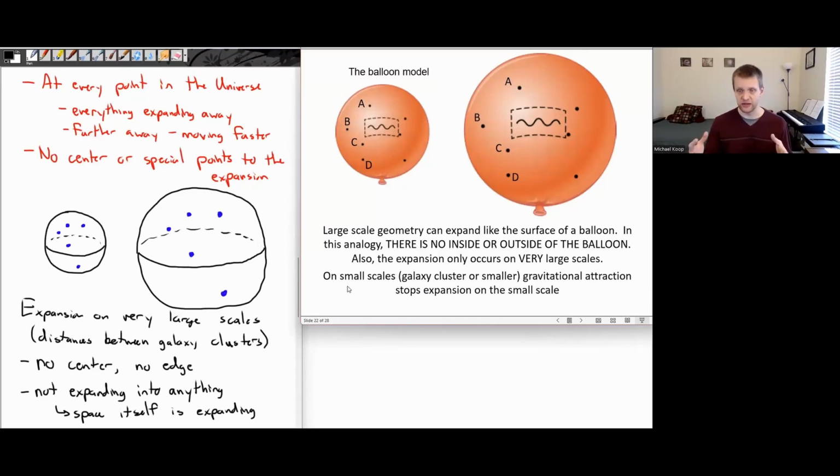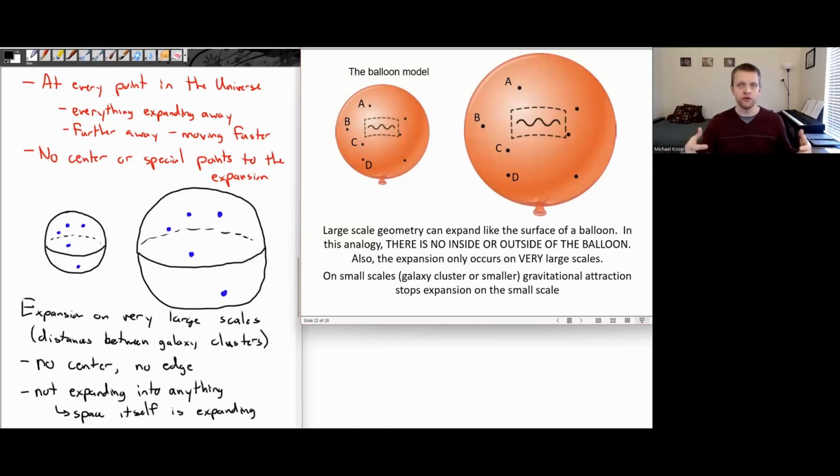On small scales, like galaxy clusters and smaller, the gravitational attraction, or other forces, can be great enough to stop this expansion. Our solar system, for example, isn't expanding due to the expansion of the universe because the gravitational attraction between the sun and all of the other planets is strong enough to keep that region of space held together.